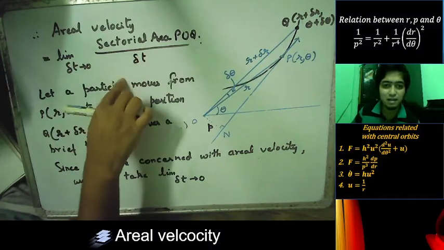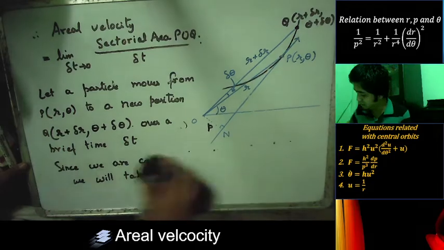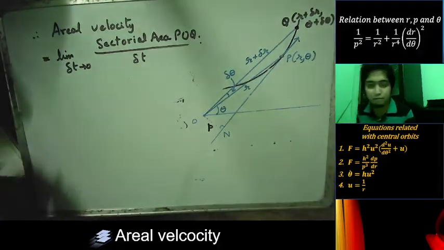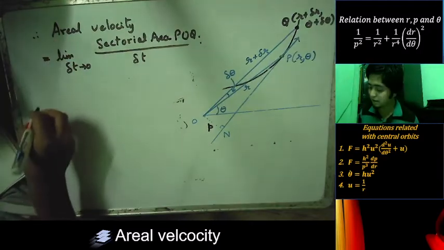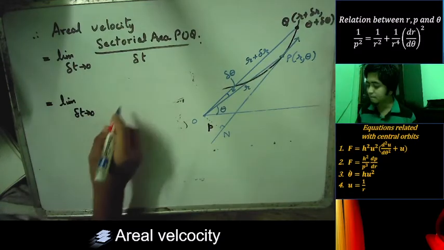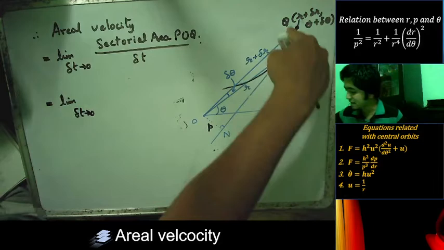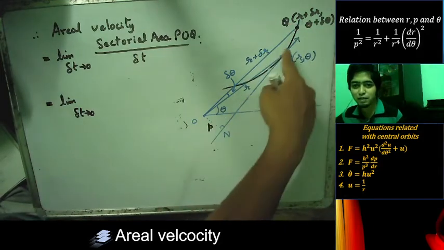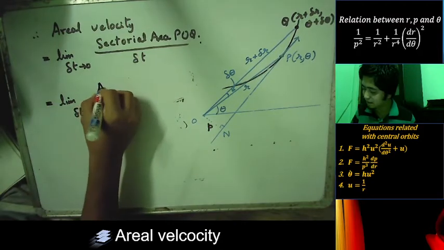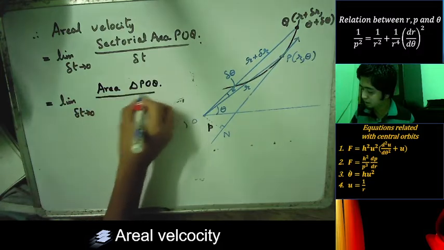So this is the rate of description of the sectorial area, which we shall call the areal velocity. So we will keep this one as it is. But since the sectorial area behaves as a triangle POQ, we will say area of triangle POQ by del t.